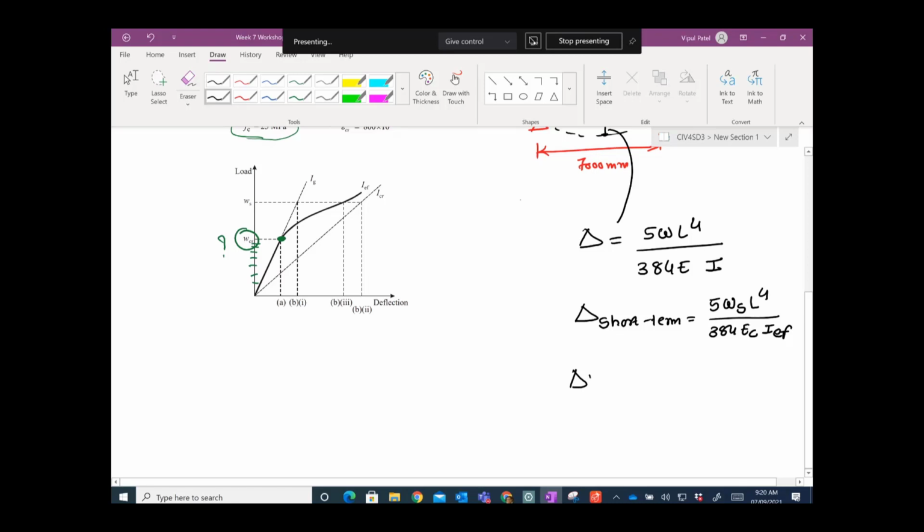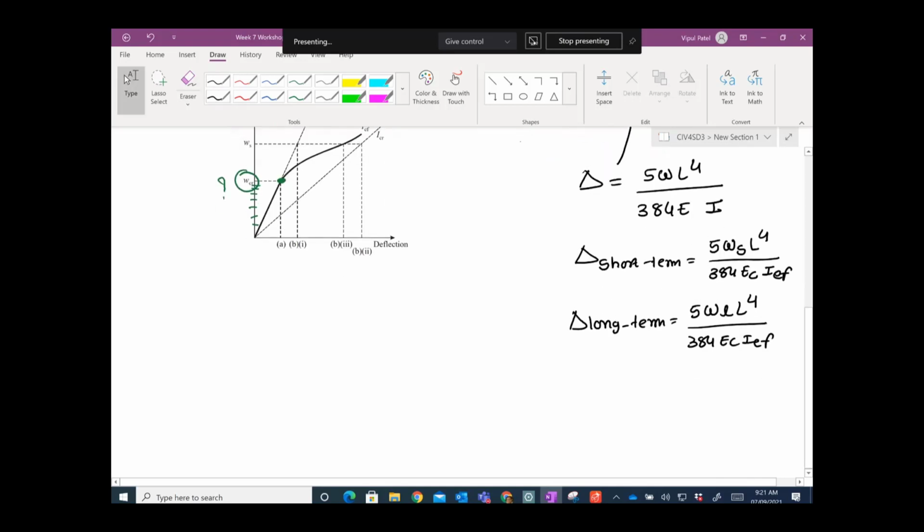That is the short term. For long-term loading, long-term deflection, we have 5 W long-term L to the power 4 over 384 E C I effective. So they don't change, just W S and W L change. And then you need to calculate this K C S as well. So delta total equals delta short term plus K C S times delta long term. So what happens here?